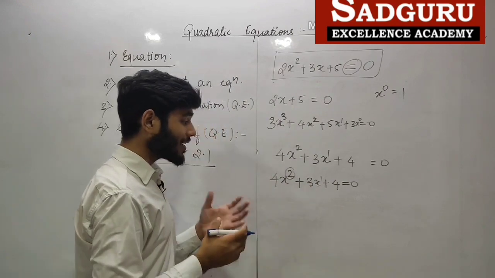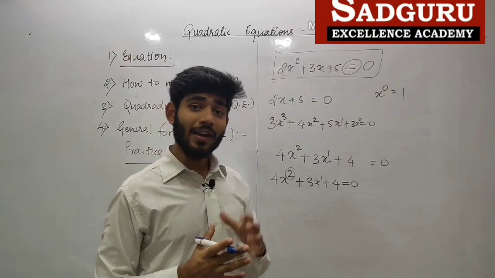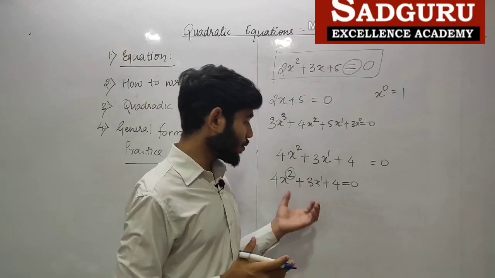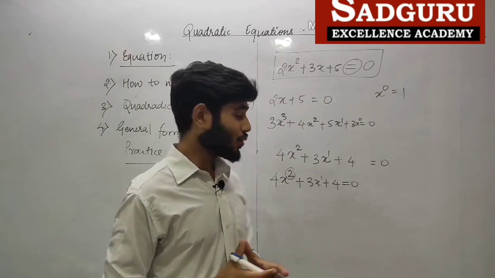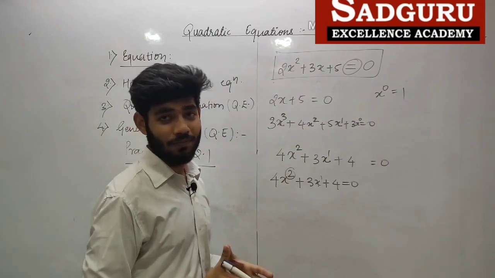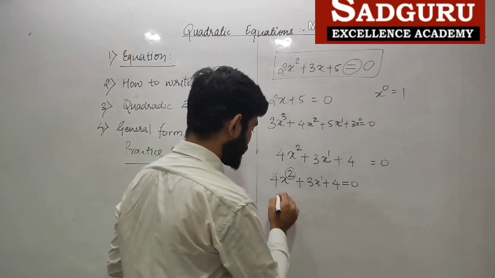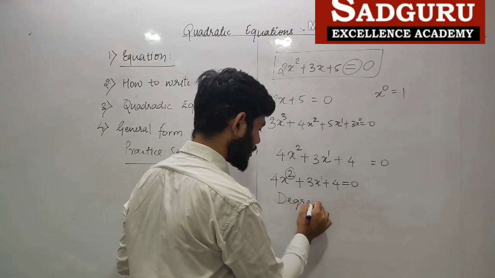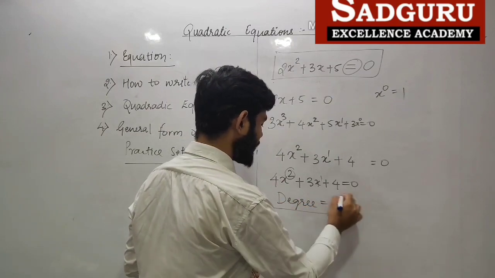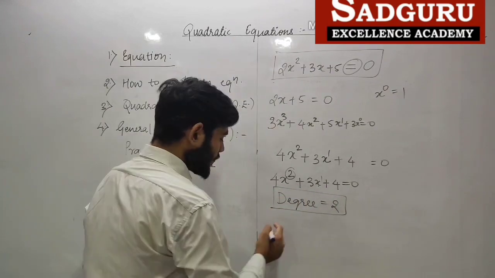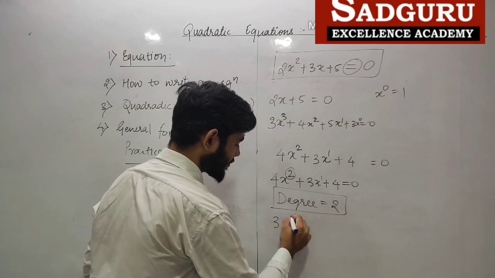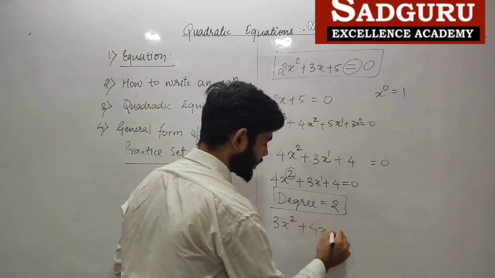So if the highest power of the variable in the given equation is equal to 2, that is the degree of the given equation is 2, then it is nothing but a quadratic equation. It is called a quadratic equation. So if degree equals 2, then the given equation is a quadratic equation, right? Okay. Can this be a quadratic equation?